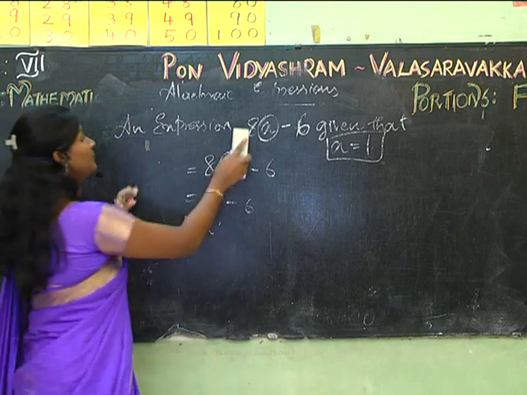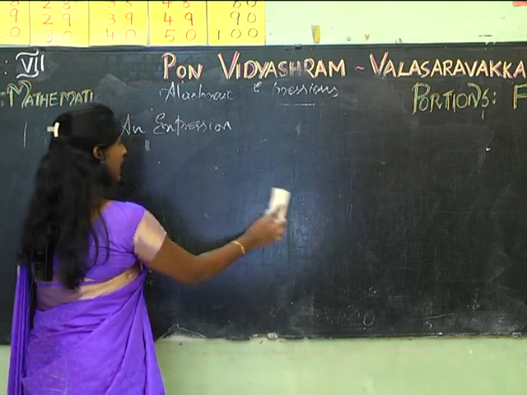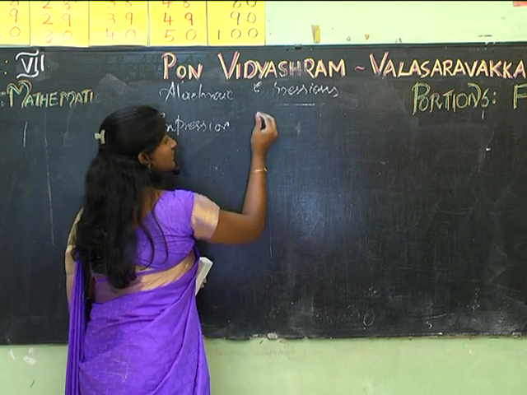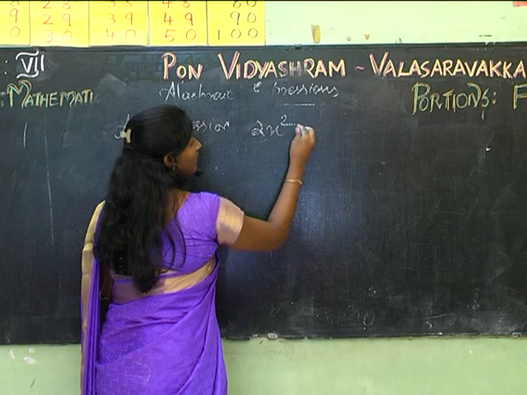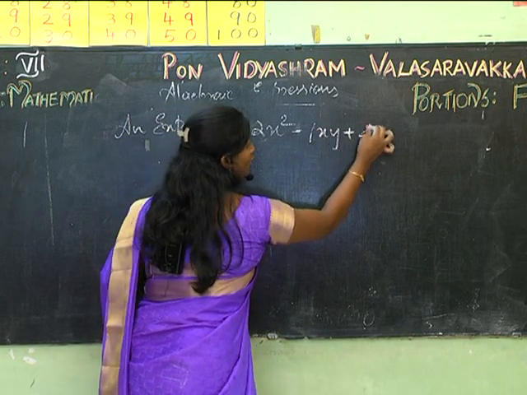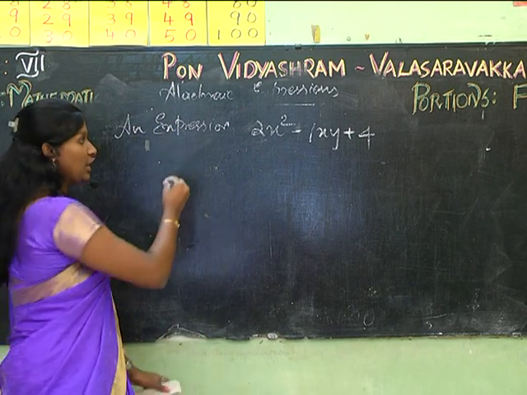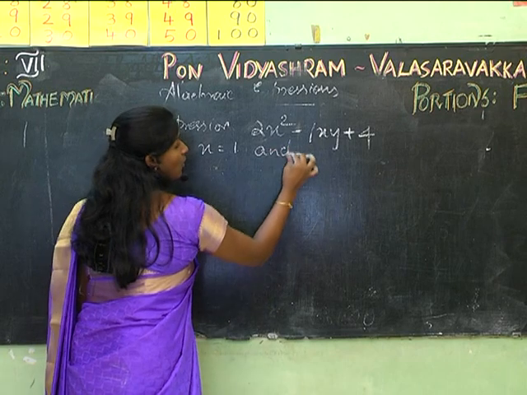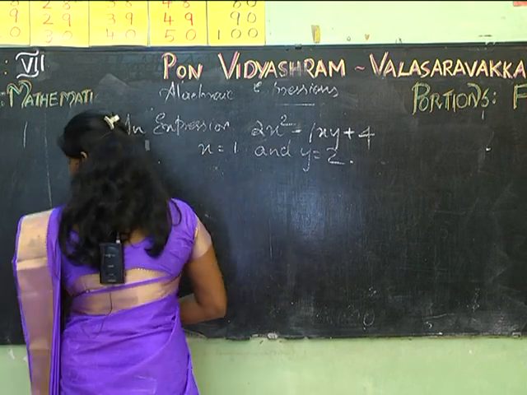In a similar way, I can consider a trinomial expression as 2x square minus 1xy plus 4, and assigning the value for x is equal to 1 and y is equal to 2.